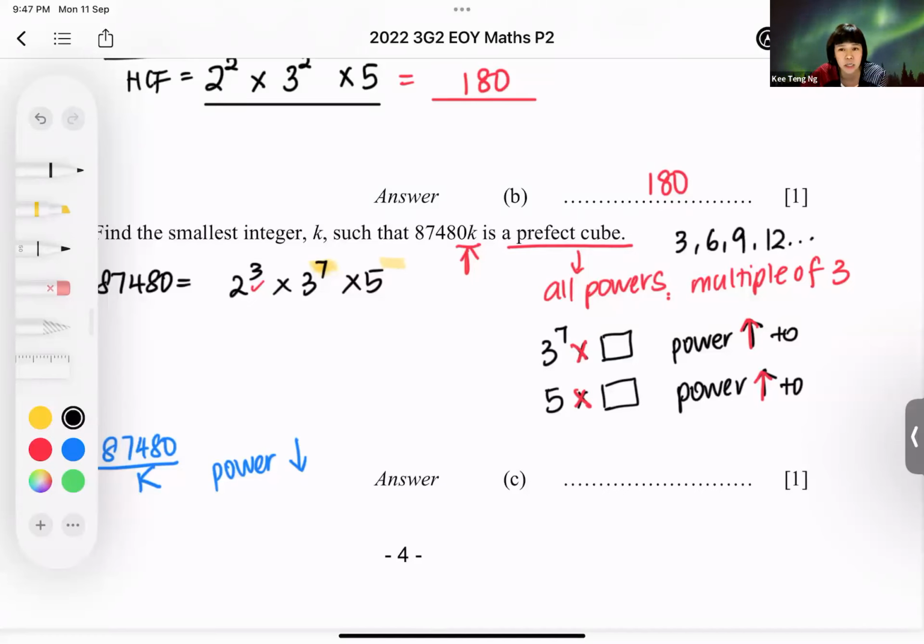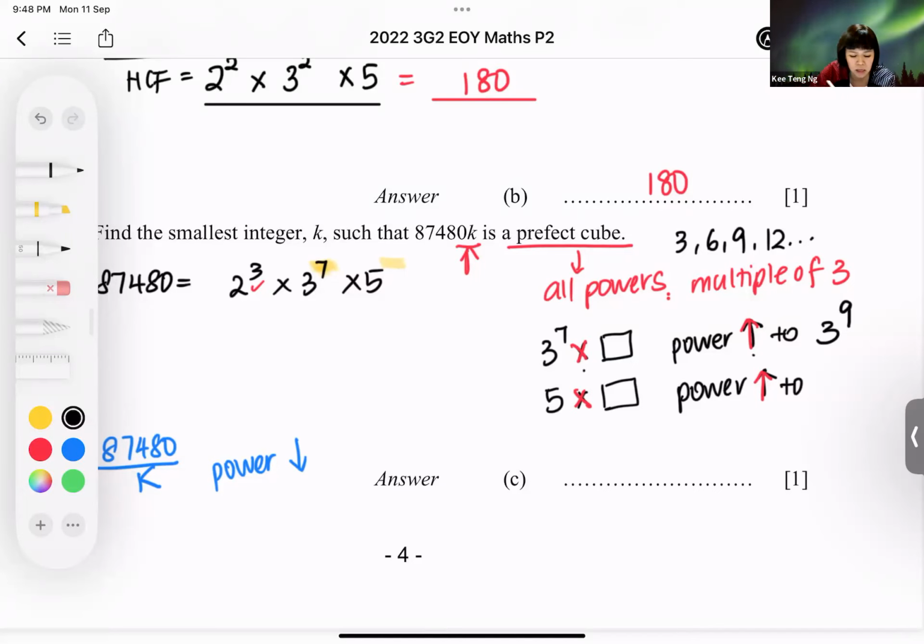So we want to change this to the nearest power. Is it going to be 3 to the power 6 or 3 to the power 9? Remember, when I multiply by something, the power increases. So in this case, I need to change it to 3 to the power of 9.